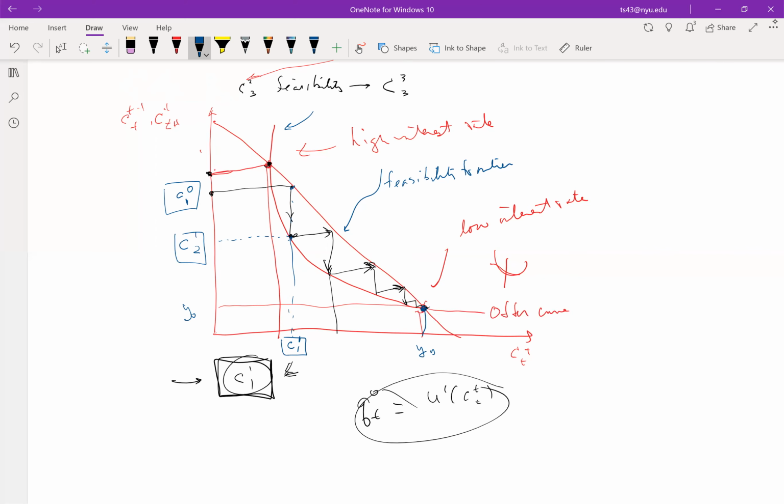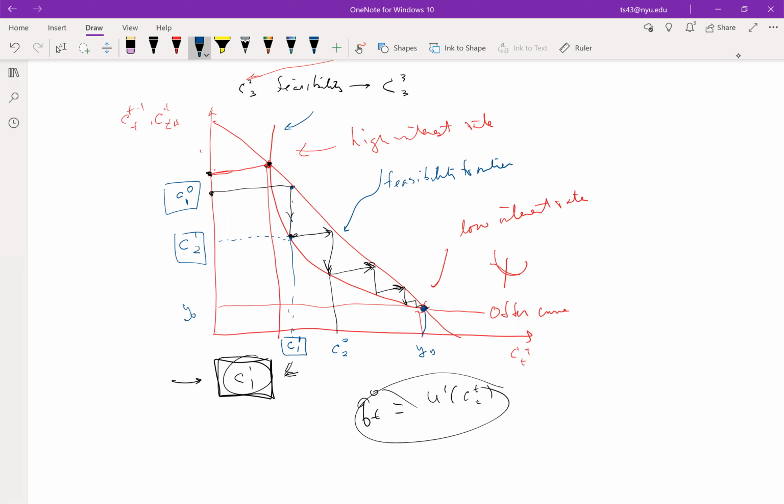We get this amount. And then we could come over to the feasibility line, and then we could give an old person this amount. When the person is old, we could give them that amount. I misspoke. Let's go through this again.